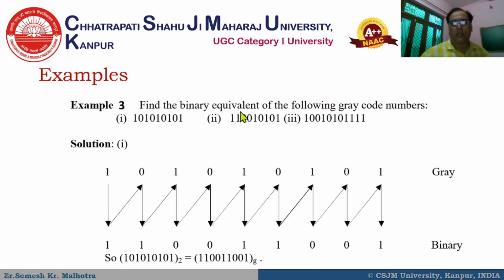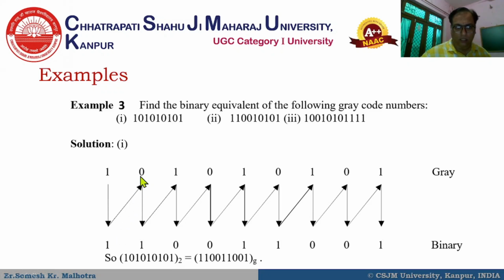Now, let us see the opposite part. Find the binary equivalent for the gray code. Taking the first example, I'm copying this MSB. Now, this binary bit Bn is XOR with Gn minus 1.